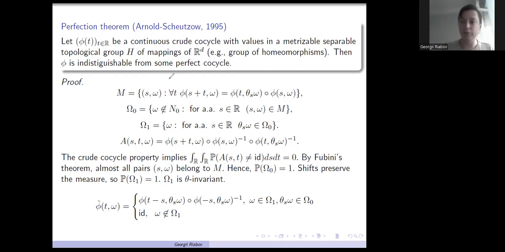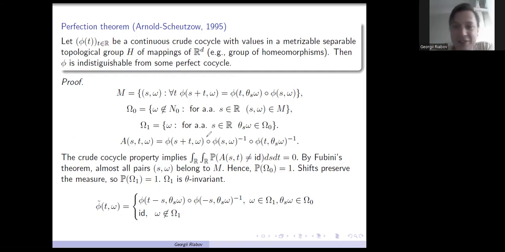So the philosophy of these theorems is that a continuous crude cocycle of mappings from some nice topological group can always be improved to satisfy the perfect cocycle property.